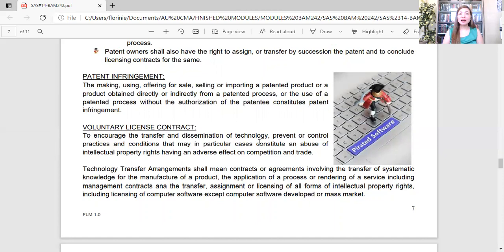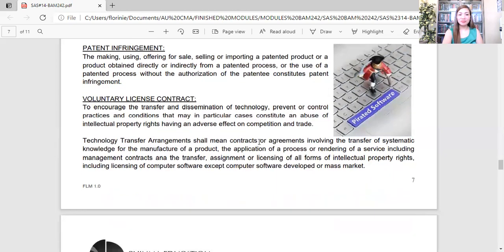Now, there is an infringement if an unauthorized person makes, uses, offers for sale, or imports a patented product or a product obtained directly or indirectly from a patented process. So, yun ang ating patent infringement.